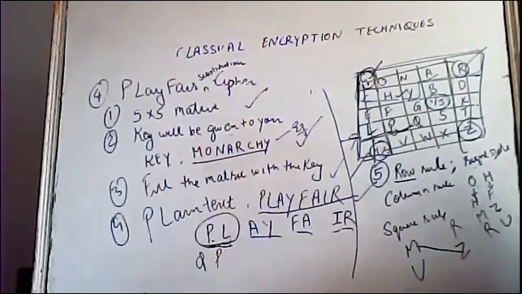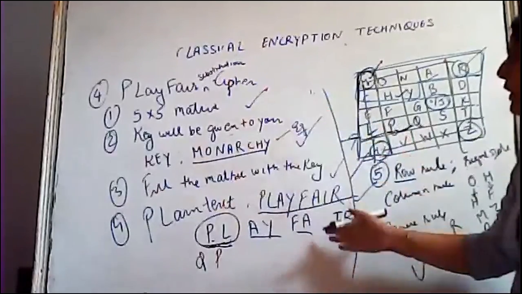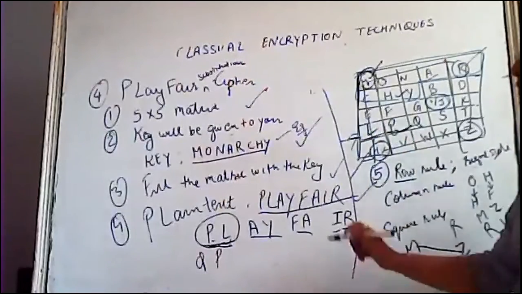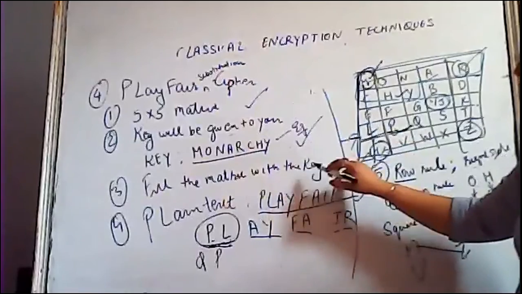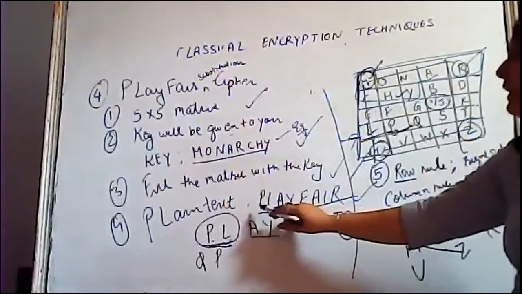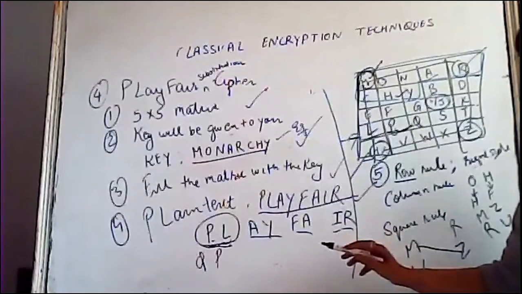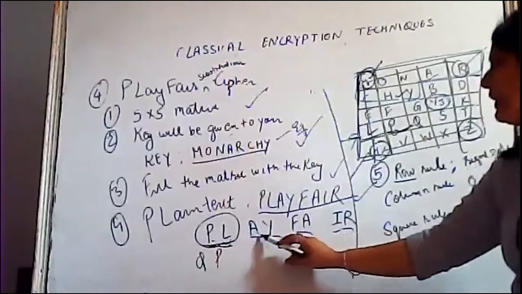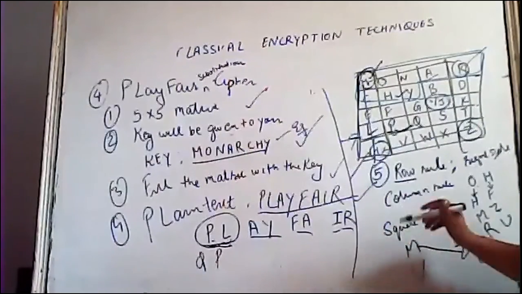Fine. I will again repeat it. I think you are clear with this requirement part. A 5-by-5 matrix, the key should be given. We have to fill that matrix with the key. After that, we have to divide our plain text into different groups of 2 elements, that is PL, AY, FA, and M. Right? 3 rules are there. What is in the row rule?